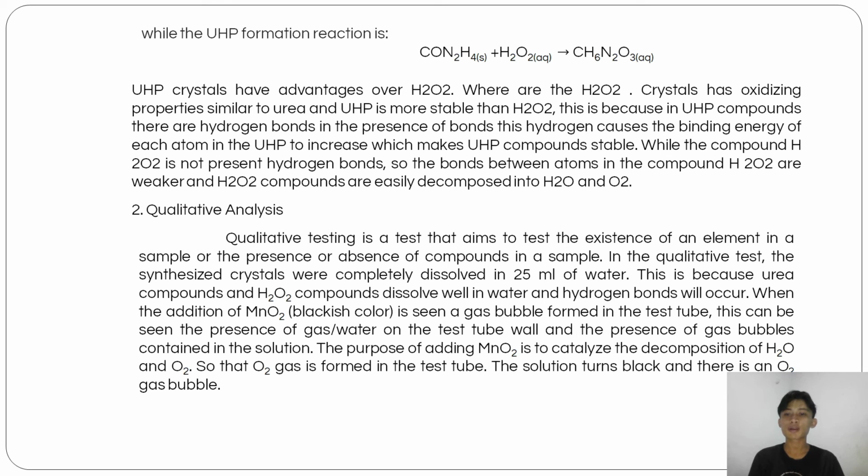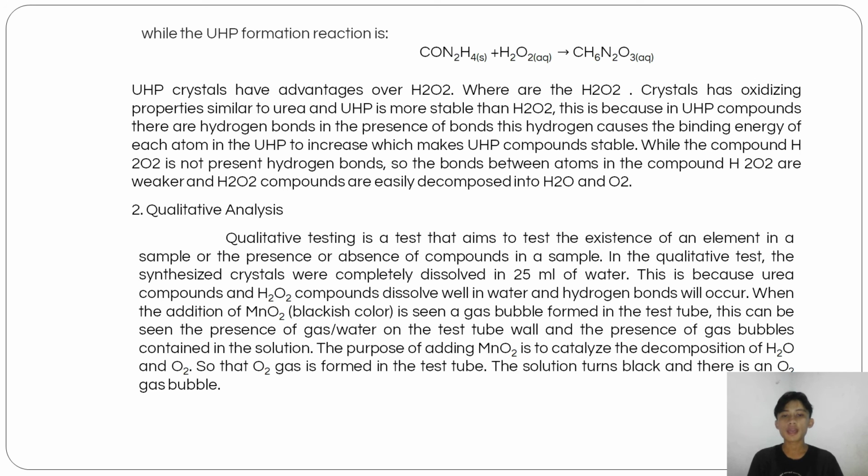This is because urea and H2O2 compounds dissolve well in water, and hydrogen bonds will occur. When MnO2 was added, a blackish color was seen, and gas bubbles formed in the test tube. This can be seen from the presence of gas or water on the test tube wall, and gas bubbles contained in the solution.